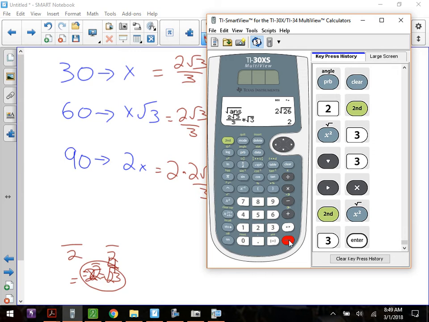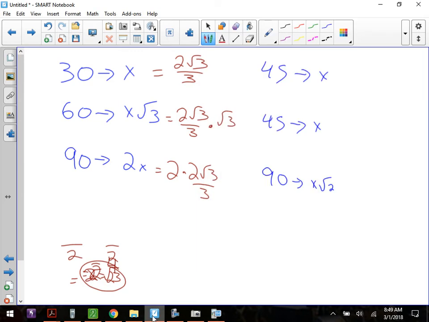So across from the 60 is equal to 2. Kind of weird to have a toe across from there. So that equals 2. And then here you're going to get 4 root 3. Remember, guys, calculator does the work for you. You don't have to worry about it. You just have to set it up.